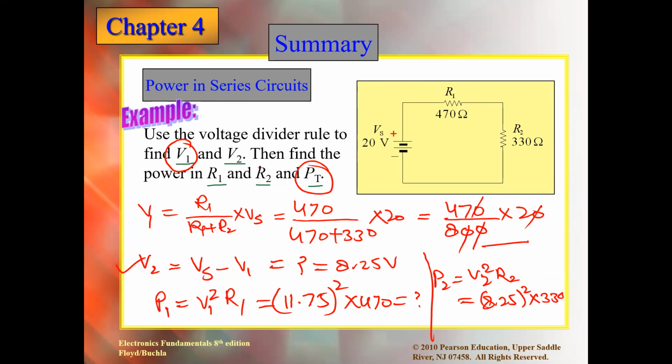There are two ways to calculate PT. Either PT is equal to Vs square over RT, where RT is the total resistance. This is one way. Or you can also calculate PT as P1 plus P2. Both are okay. Both ways you can calculate. Is this clear?